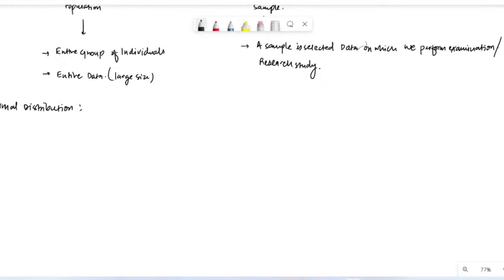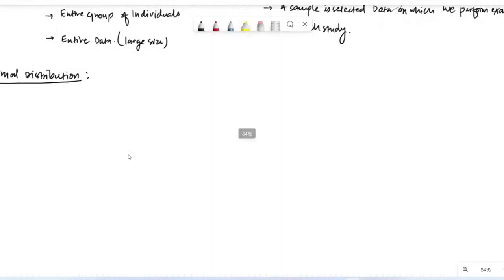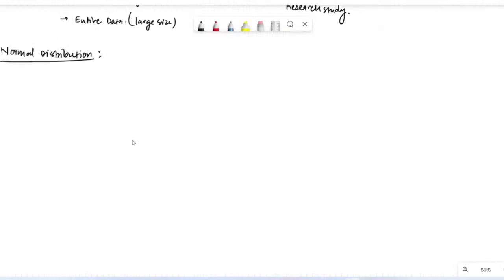Take here my normal distribution. Normal distribution has an important role in a few algorithms. We assume that, so I'll just write it here. I'll explain them better when those algorithms come. So let us first try to understand what this normal distribution means.